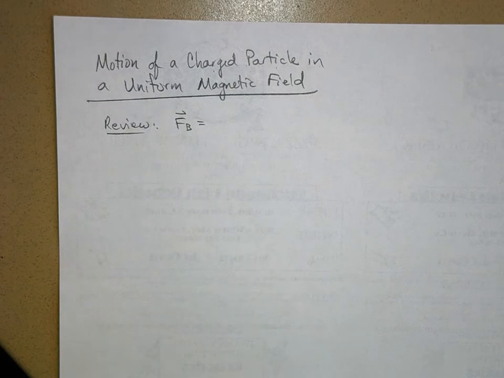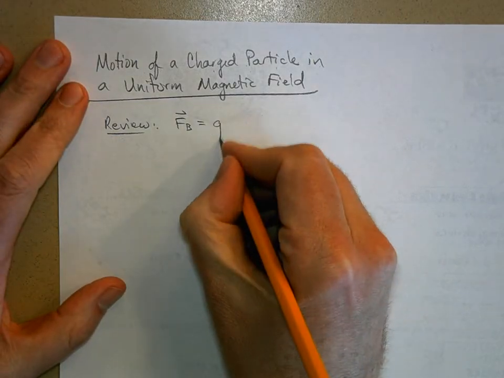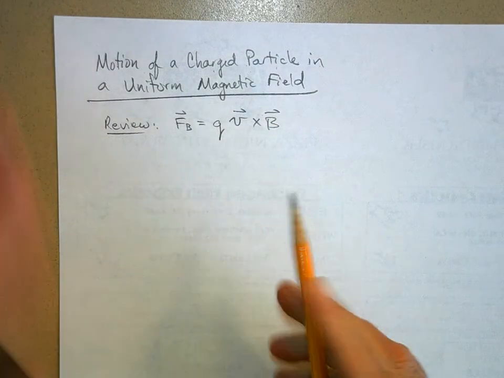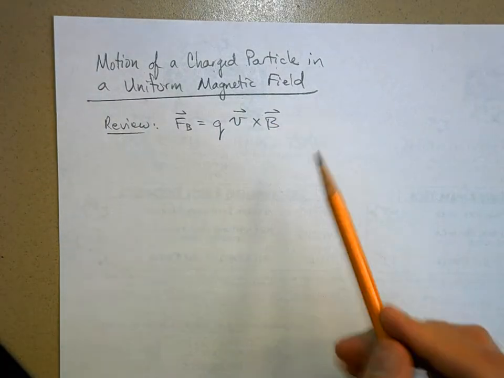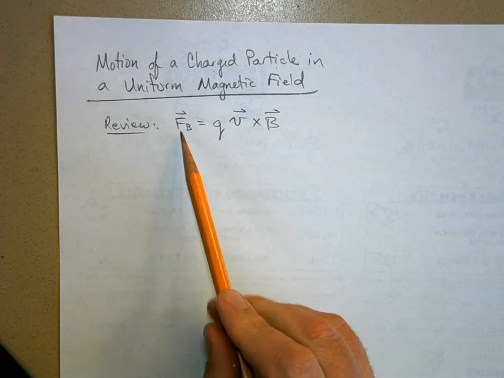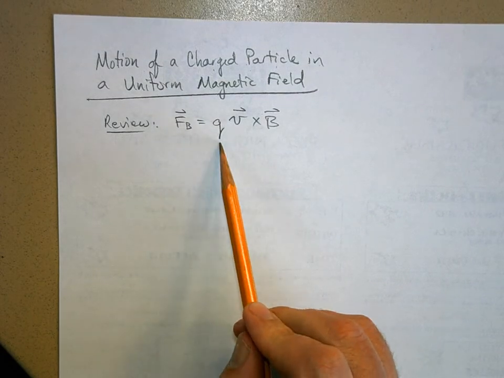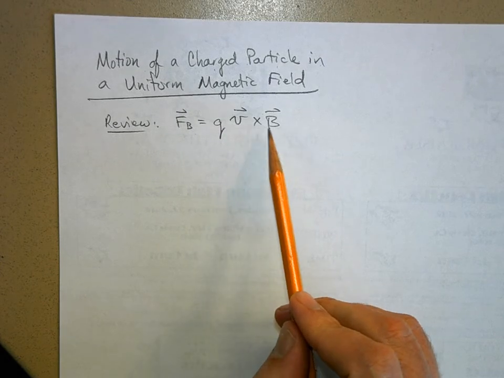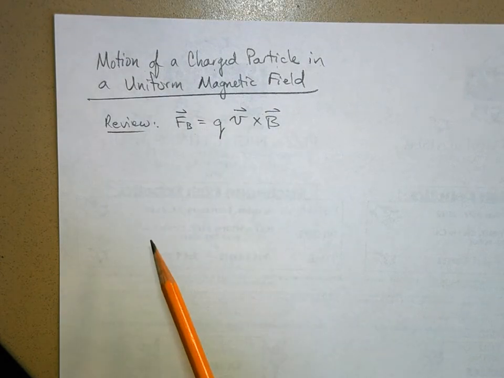But this is a single charged particle that's moving within a magnetic field, and we know that the equation that describes the force on the object because it's moving is this. The magnetic force is equal to the charge on our particle times the velocity crossed with the magnetic field.